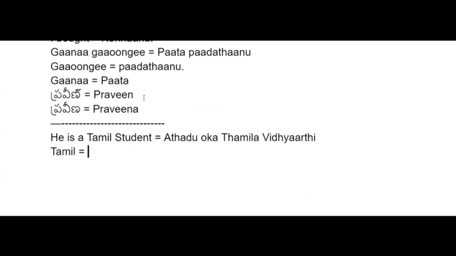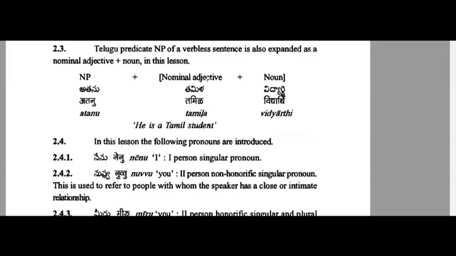Tamil, this is Tamilam. Tamilam, this is the meaning as noun, okay? Then Tamil, Tamila as adjective. But adjective, when we use here, what they are telling, this is like nominal adjective.